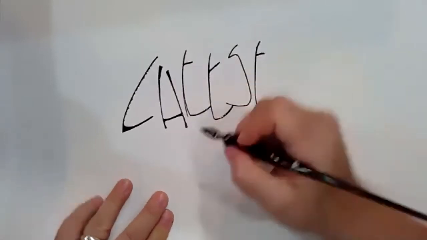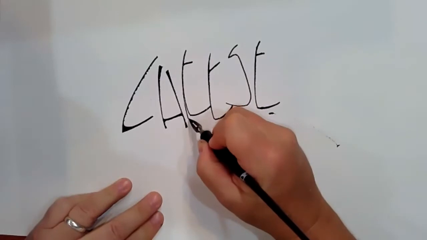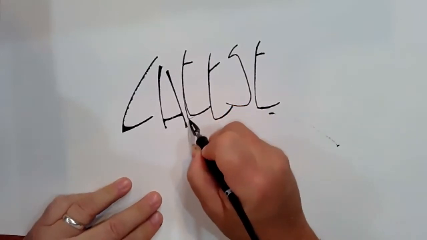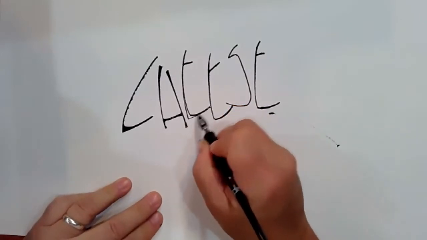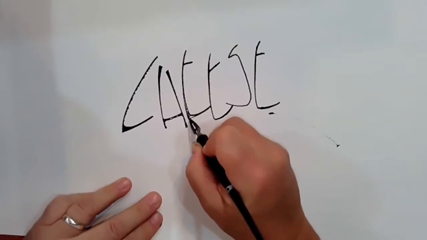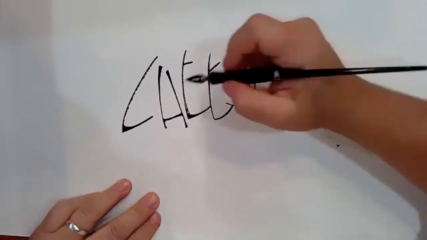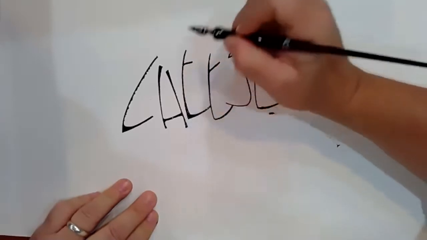I am going to come back to that C. I'm not sure if I want to put more. Right now, I'm kind of liking what's happening by just doing the outer angle at the bottom.